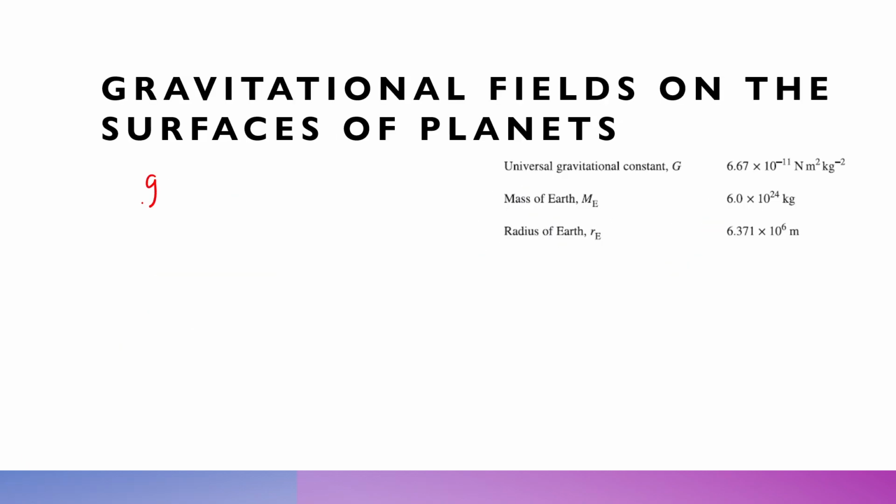So we know that gravitational field for any object, this one we'll call Earth, is equal to G m on R squared. We know, as always, that G is 6.67 times 10 to the negative 11. The mass of the Earth is something that is given to you in your data sheet, so that's going to be multiplied by 6.0 times 10 to the 24.